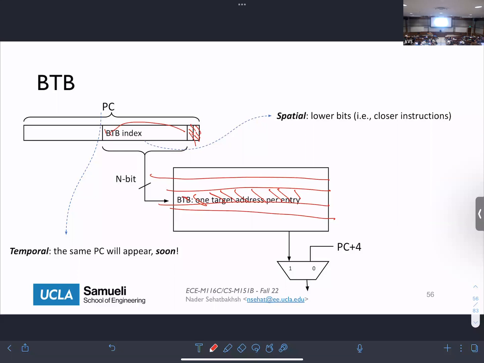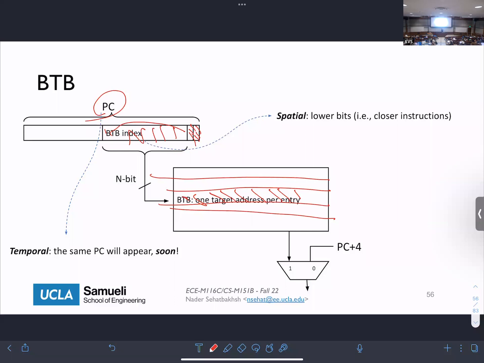The reason that we are using the PC is that you can think about this as a form of temporal locality: if you are at this PC and we store things based on this PC, very likely in the future we're going to come back to this PC and reuse it. So this is basically a definition of temporal locality. And this index is saying that I'm going to use these bits to index these entries.